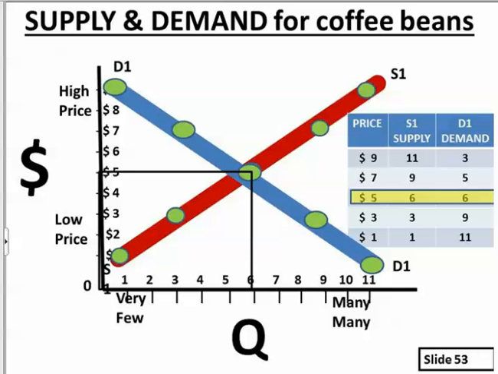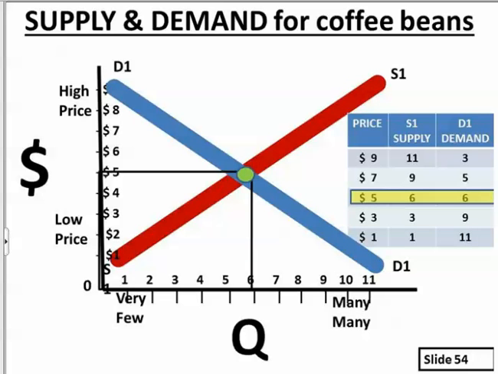That is our equilibrium price. So everybody who wanted to buy a certain quantity at $5 price, and people wanted to buy 6 million or whatever it was at $5, and there were willing suppliers who wanted to supply that amount, 6 million, at that same $5. That becomes our equilibrium price.